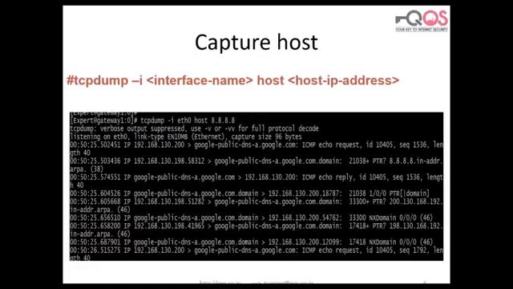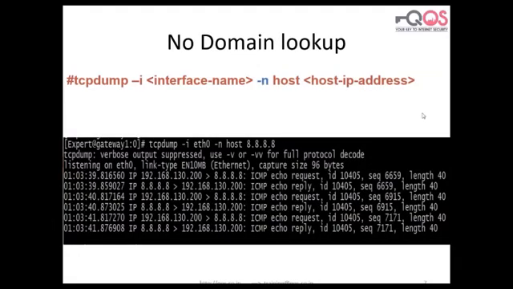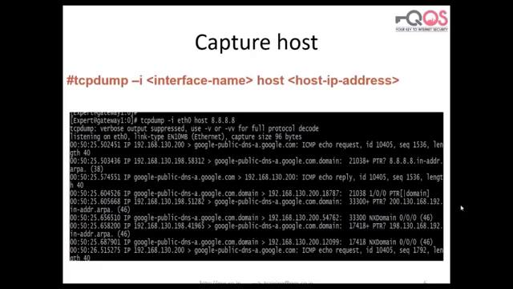Now let's go to the next command. The problem with the earlier command, if you look carefully, is that it automatically resolves the IP address. It goes back to your DNS and asks for the domain name of that particular IP address. So running this command is not very efficient, because it will run a little slow while it tries to get the domain name to display it for you.